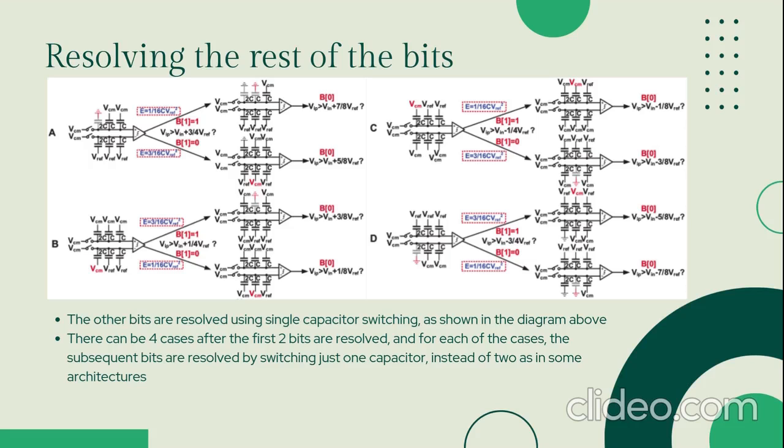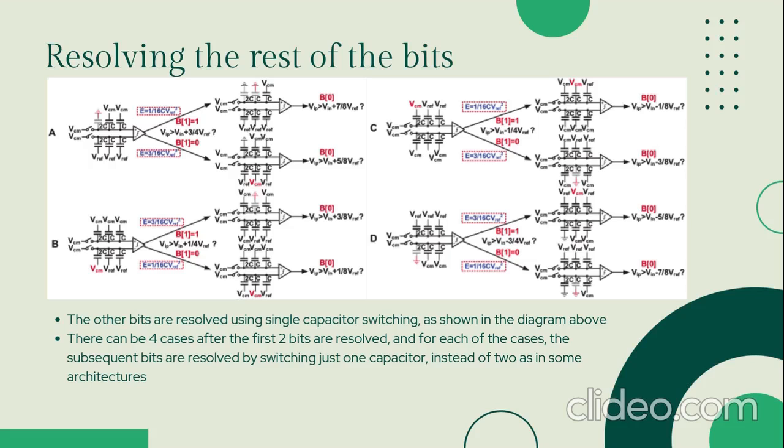This means that the voltage difference between the switches is always Vref by 2. This is considering that the common mode voltage is Vref by 2, and this is instead of Vref, which was the case for standard SAR ADC architectures. So this means that the new CDAC architecture reduces the switching voltage from Vref to Vref by 2.